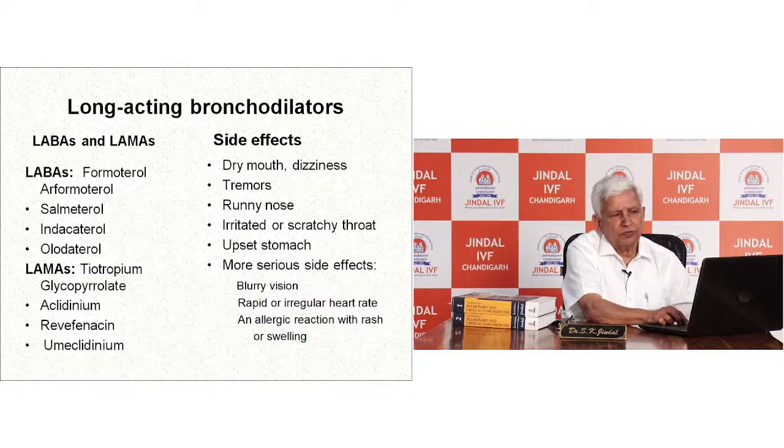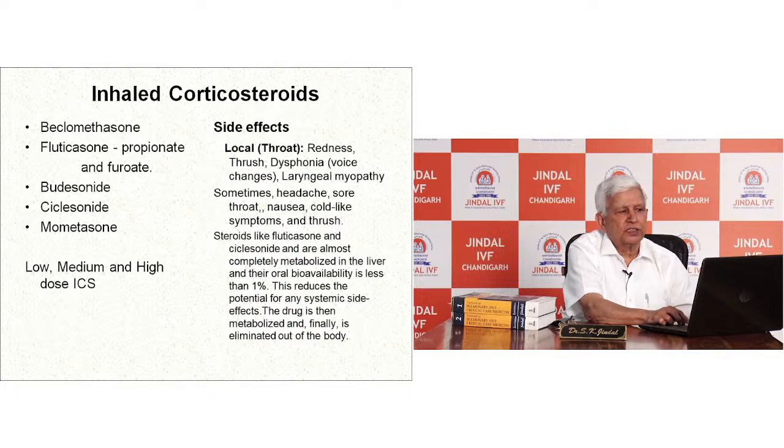Every drug has its own uses, advantages and disadvantages. We are not going to discuss them today. Side effects can also include dryness of mouth, which is very important, dizziness, tremors, running nose, etc.